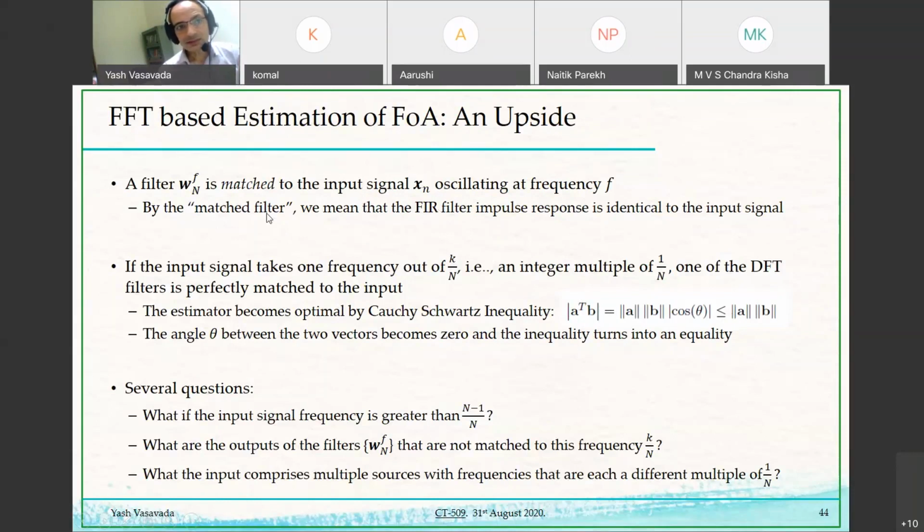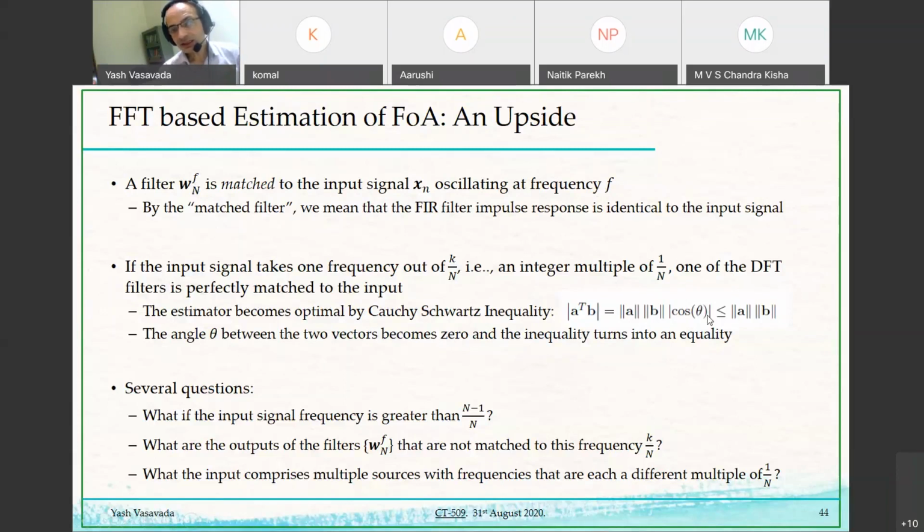Essentially, when W n of f is matched to the input signal frequency, the angle between the two vectors, the filter vector and the incoming signal vector, becomes 0. That is the definition of matching. They both become identical vectors, and so the angle theta between those two vectors becomes 0.